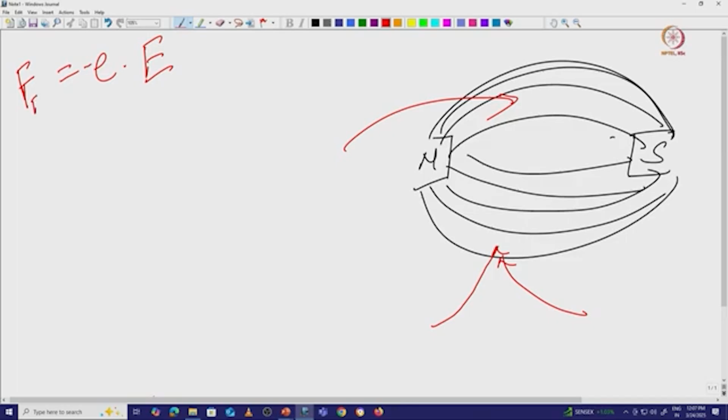Based on that electric field, it can face this kind of force.